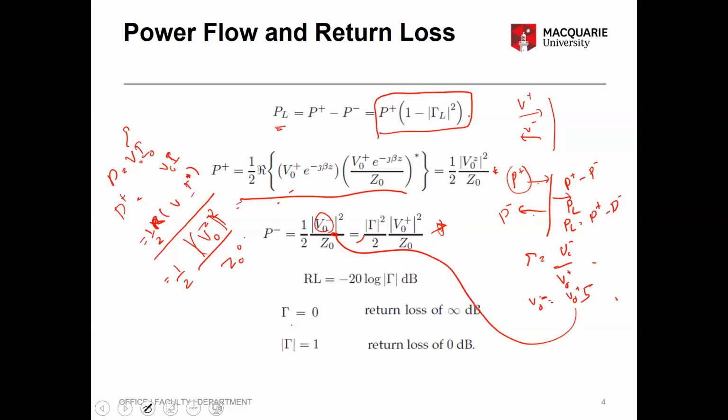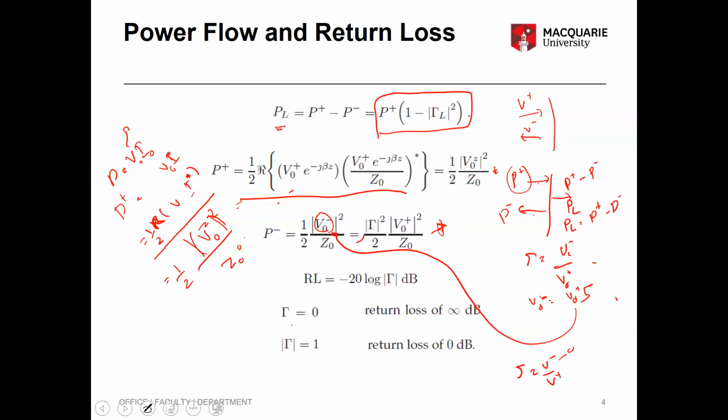Now, assuming that you have a voltage reflection coefficient of 0, V minus over V plus, what does that mean? That means V minus is 0, the reflected voltage is 0, so almost all the power is delivered to the load. If you put 0 here, log 0 is minus infinity, and you get infinity for the return loss.